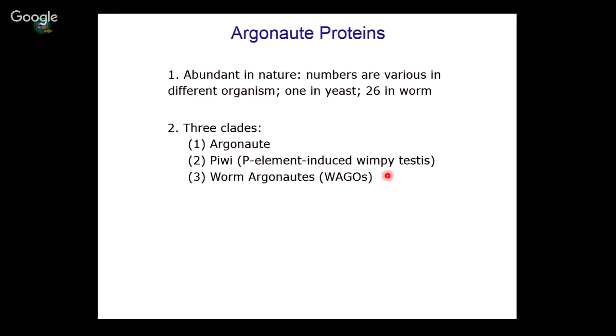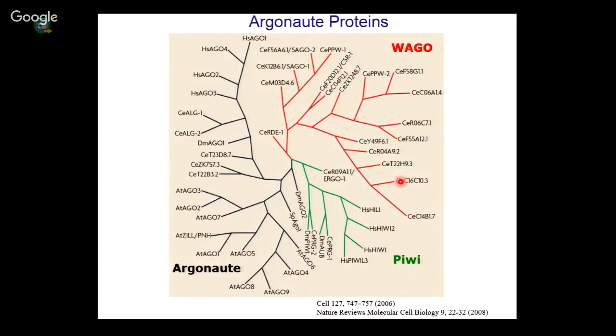The third one is the worm Argonaute, which we call WAGOs, because C. elegans has very unique Argonaute proteins that have no homologous proteins in other species.